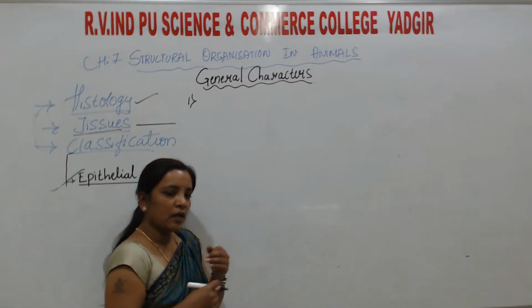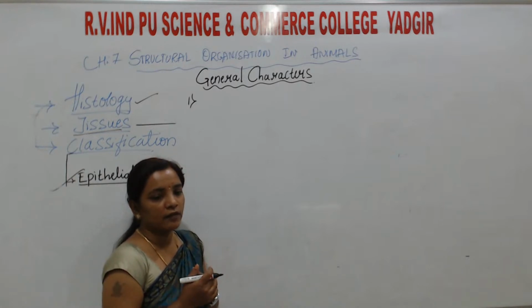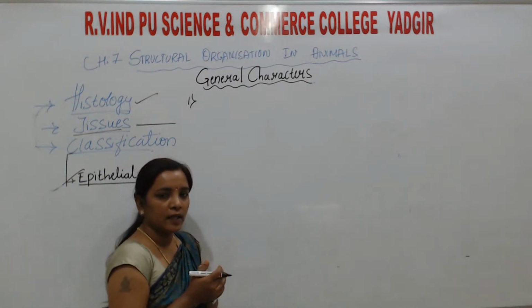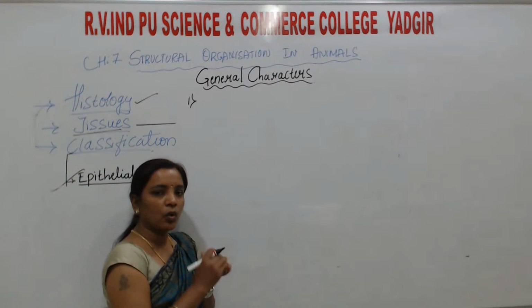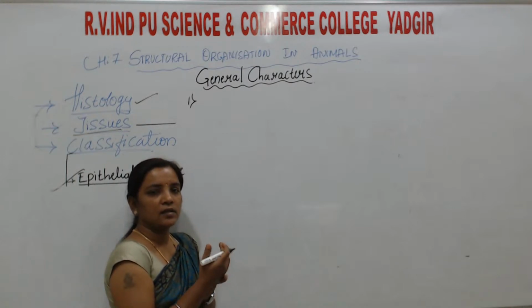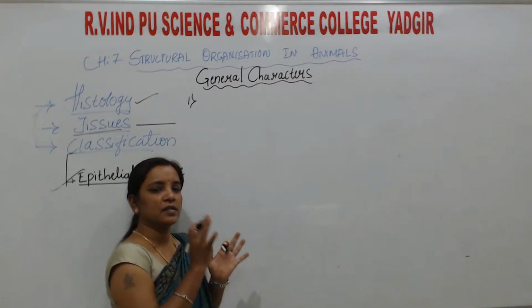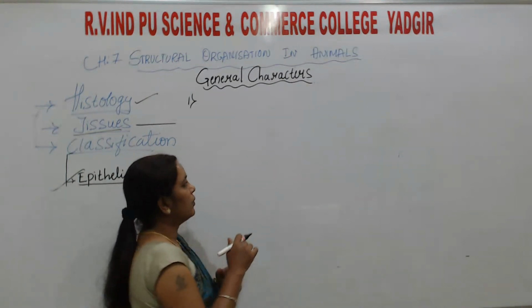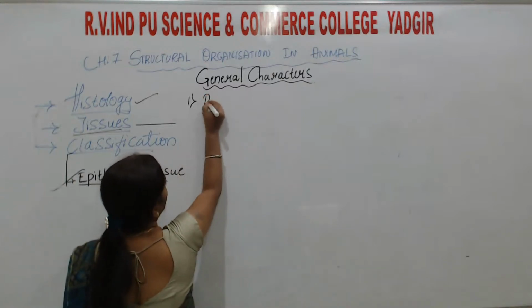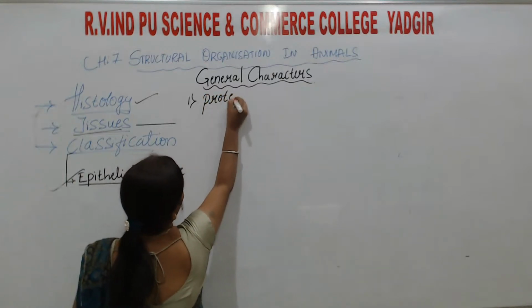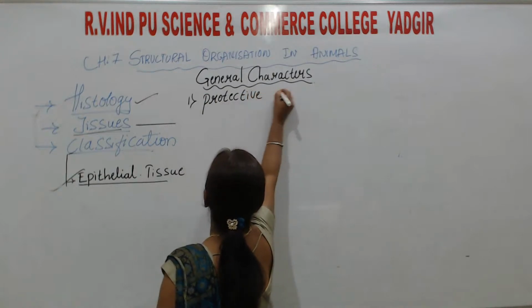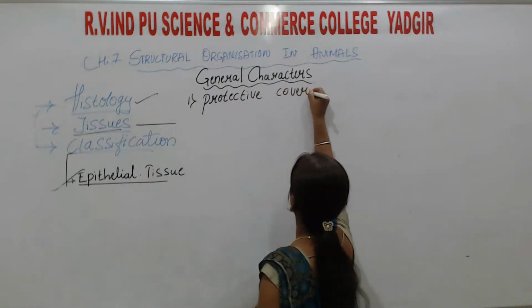Epithelial means an outer covering, for it protects the body from sun rays, from cold, from dryness, from water, everything. Epithelial tissue means protective covering.